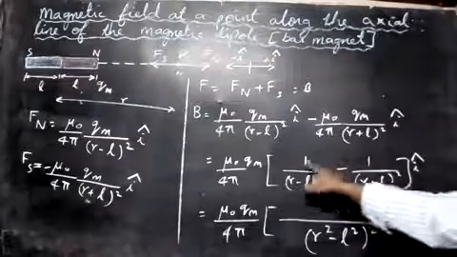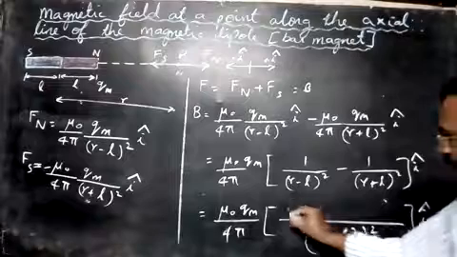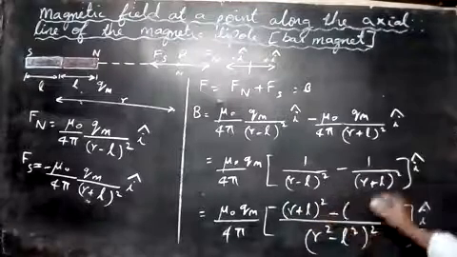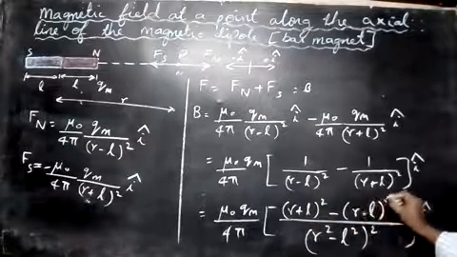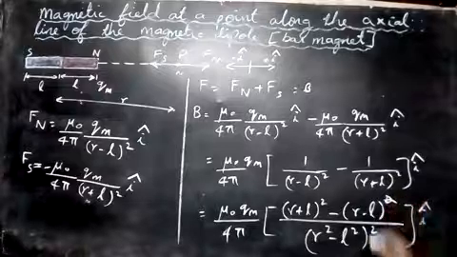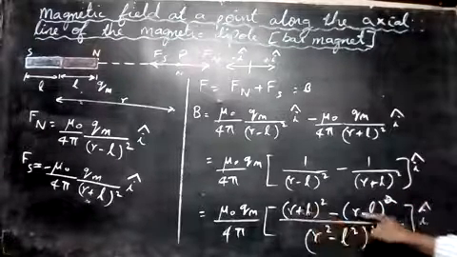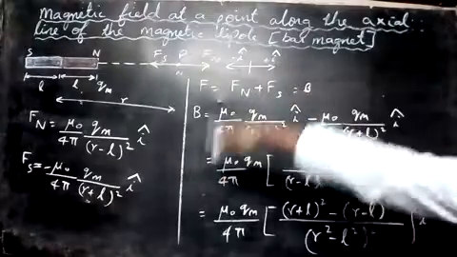Now we cross multiply this way. So this will be (r plus l) the whole square minus, cross multiplying this side, (r minus l) the whole square. Now we just need to expand this. This will be the (a plus b) the whole square formula and this will be the (a minus b) the whole square formula. I'll rub this side and then we will continue.